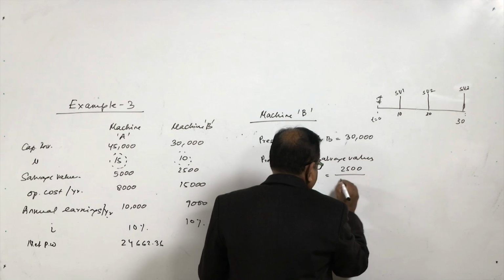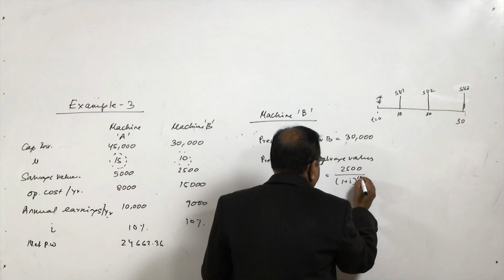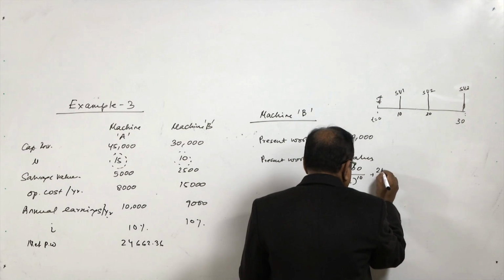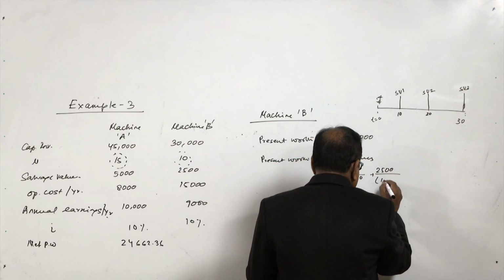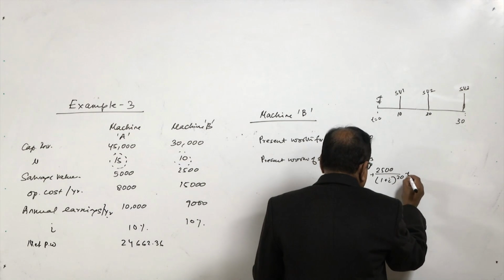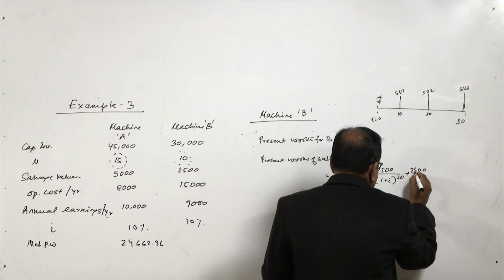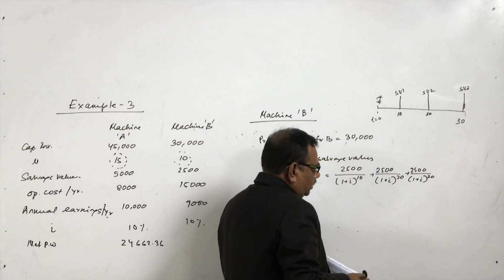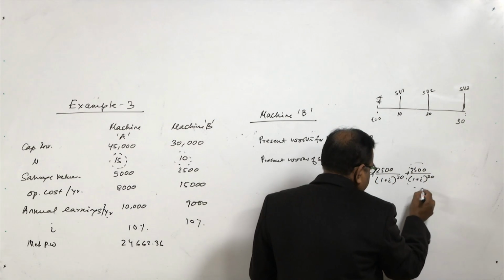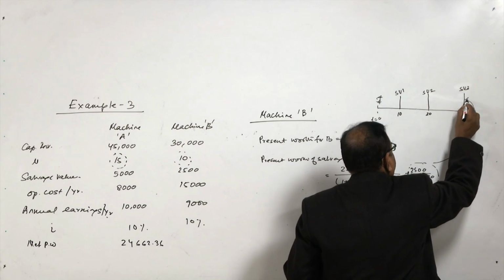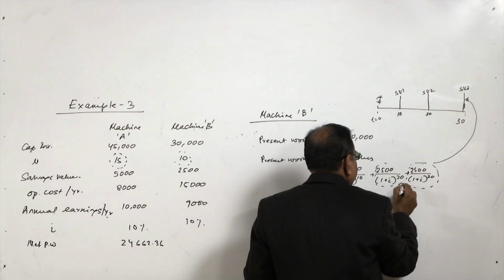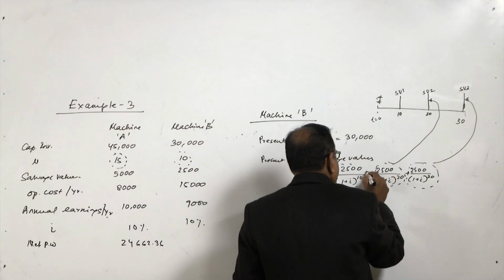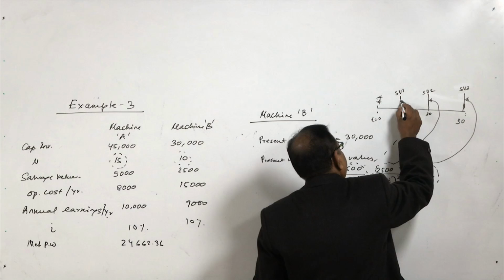2,500 divided by (1 plus i) to the power 10 plus 2,500 divided by (1 plus i) to the power 20 plus 2,500 divided by (1 plus i) to the power 30. Now, this is for this salvage value, this is for this salvage value, and this is for this salvage value.